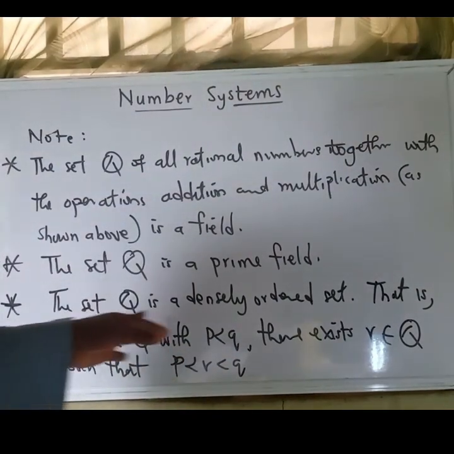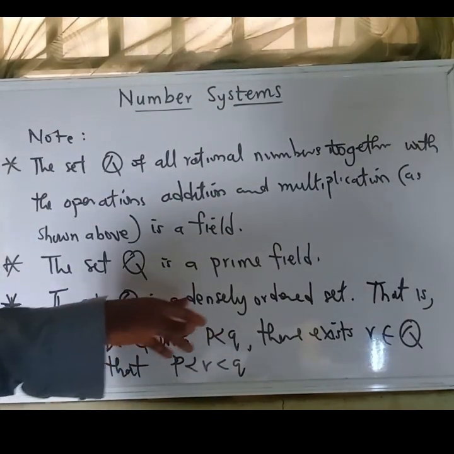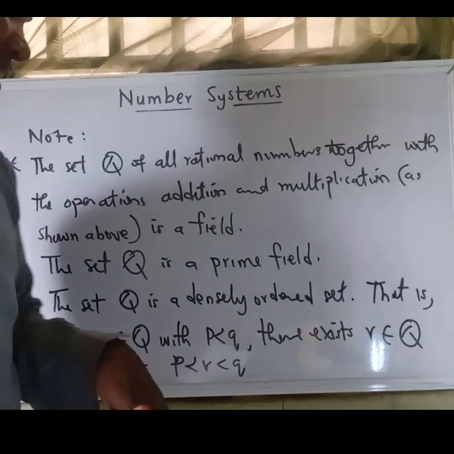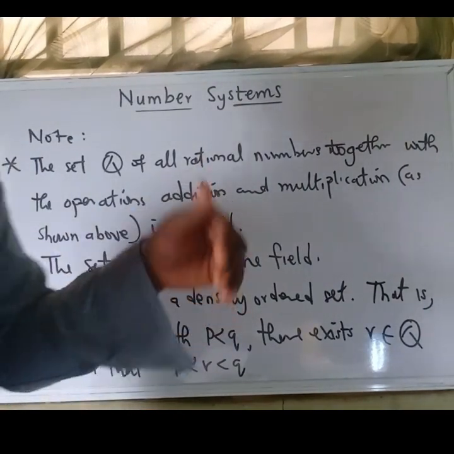And what this means is that this set Q is also dense in itself. That's why we say this is a densely ordered set.